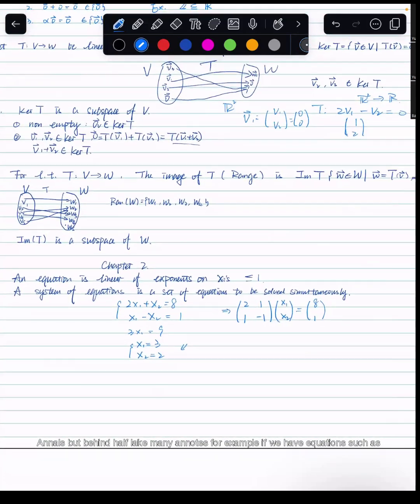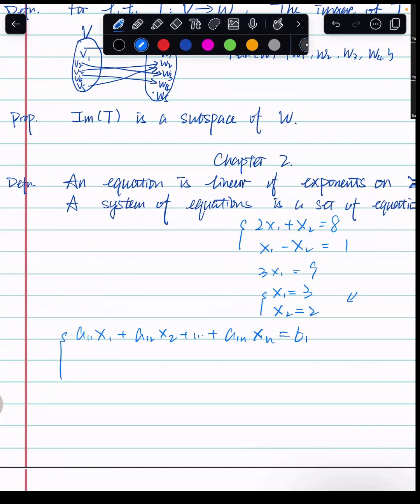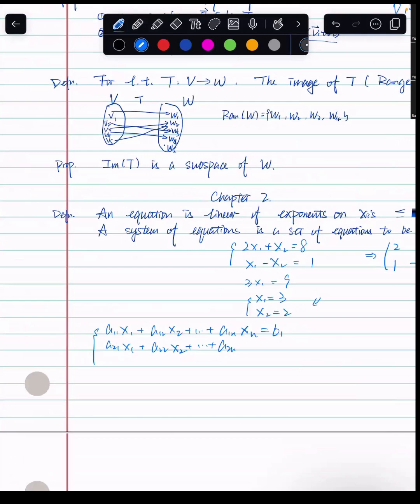For example, if we have equations such as a11 x1 plus a12 x2 plus all the way to a1n xn, and we know that equals b1, and we have a21 x1 plus a22 x2 equals b2, all the way to an1 x1 plus all the way to ann xn equals bn.